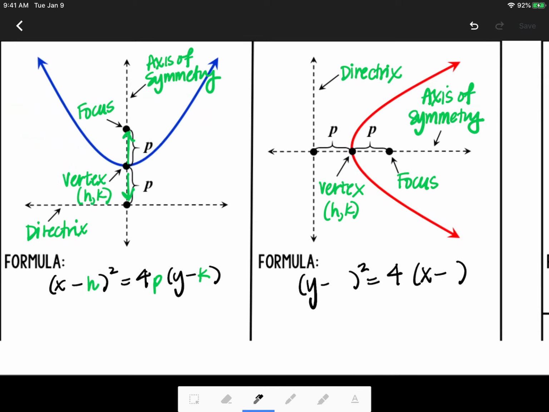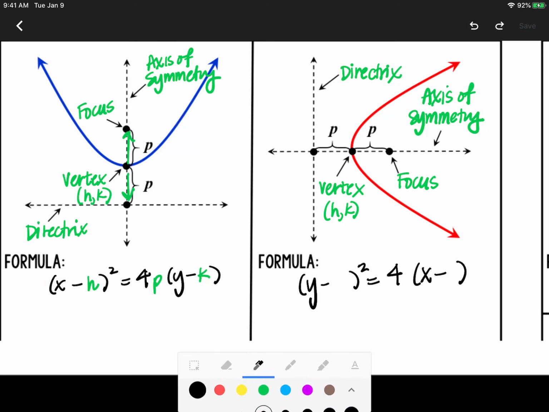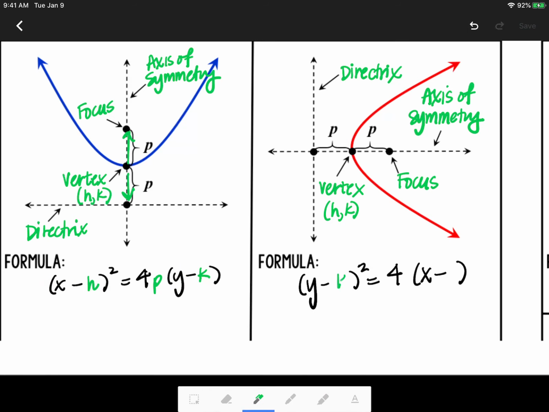If we look at these side by side, we really have just switched the x and y's position. That's all we've done. Everything else is the same. K is still modifying y, that's the vertical shift for our center or our vertex. H is still modifying x, that's the horizontal shift.